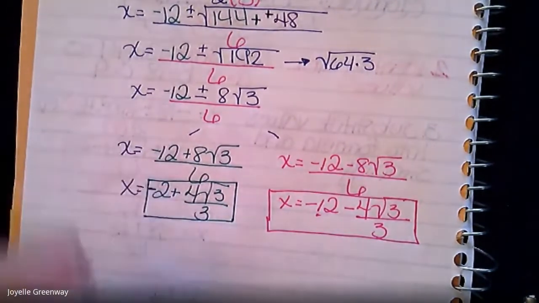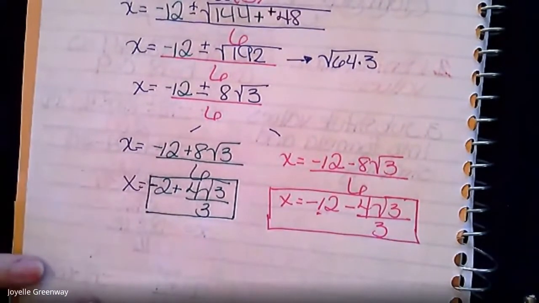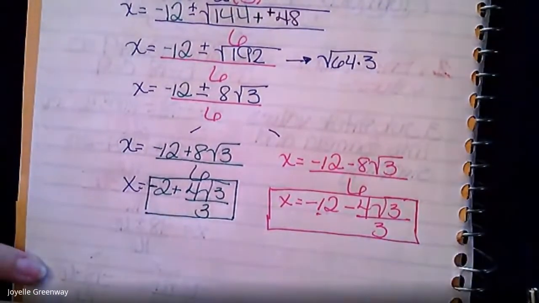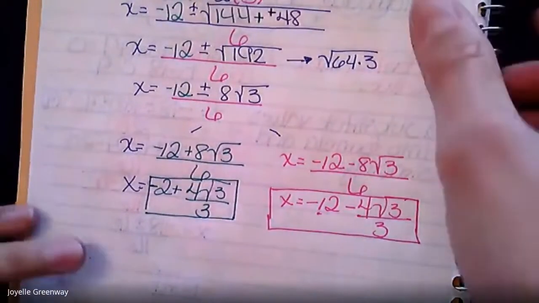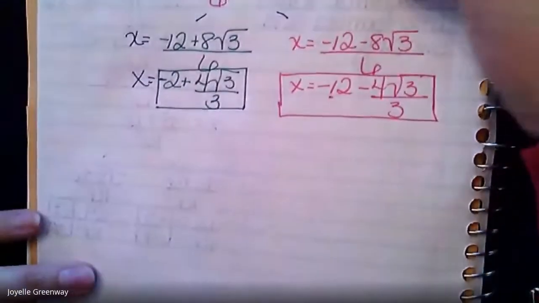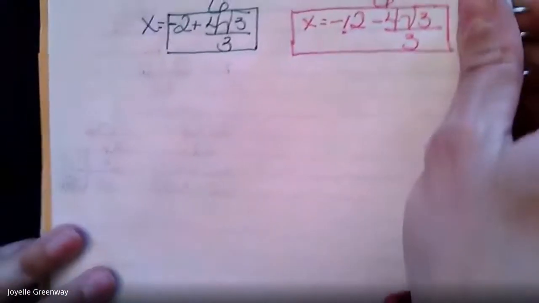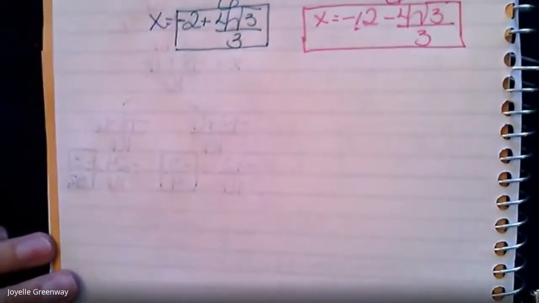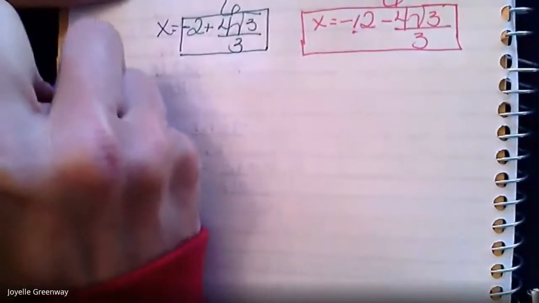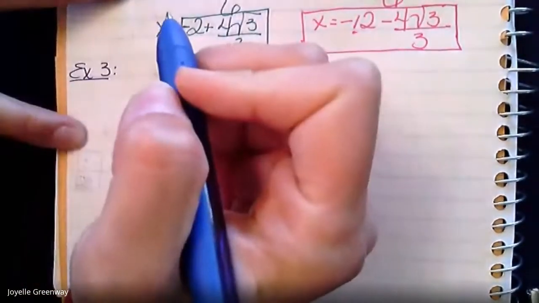So we're not going to round, we're not going to use decimals, okay? All right, so that was example 2. So let's look at example 3. And again, if this makes sense to you, pause the video after I write down example 3 and see how you do.